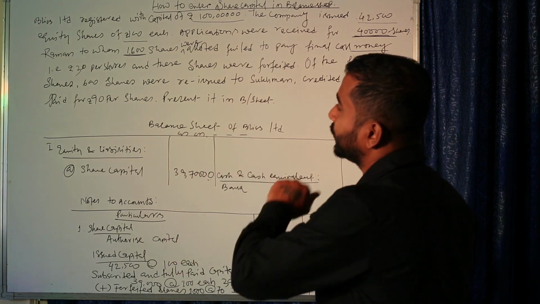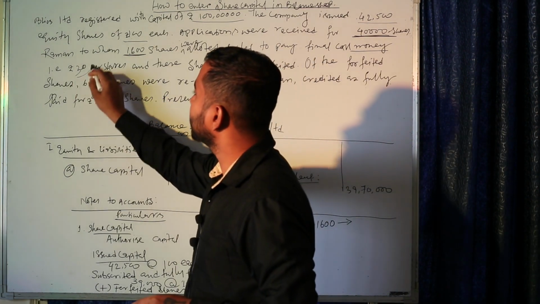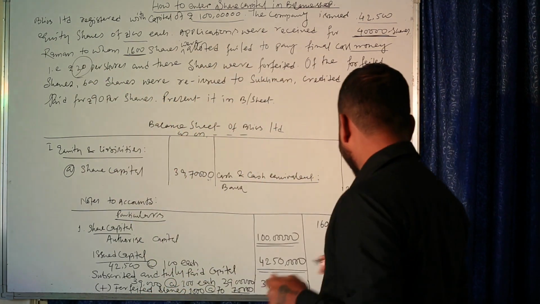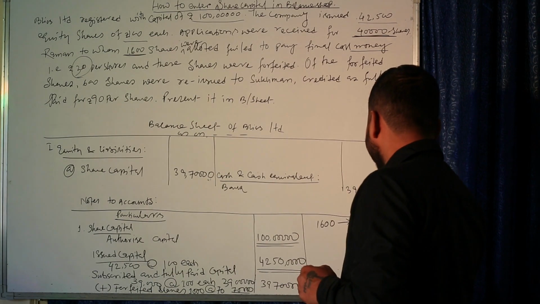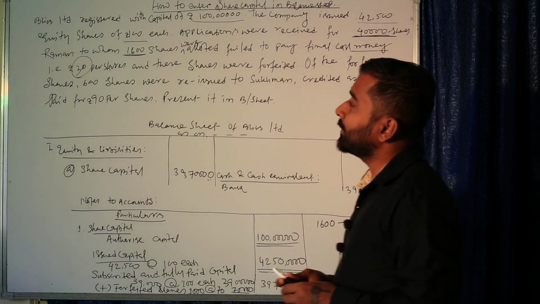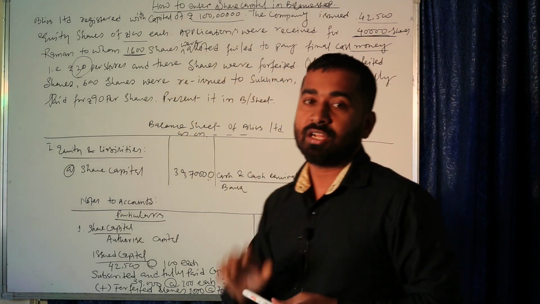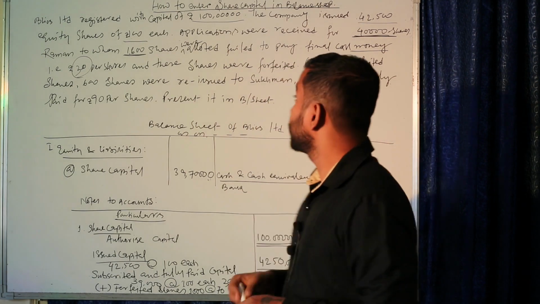Raman paid up to the first call, that means the final call, where the 30 rupees was not paid, was left. So he paid up to 70 rupees. And you know that because of non-payment of the final call, these shares were forfeited. These shares were fully forfeited.